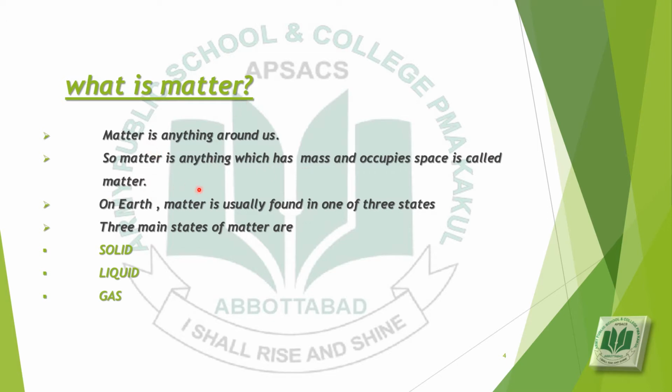So matter is anything which has mass and occupies space. Students, on Earth, matter is usually found in one of 3 states. So these 3 main states of matter are solid, liquid, and the last state of any matter is gas.